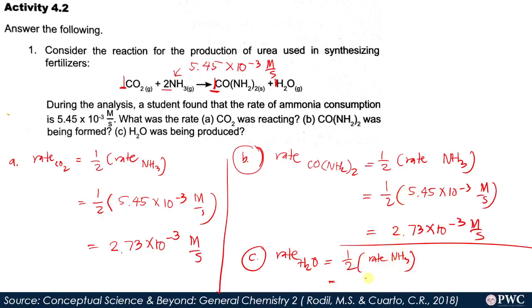So we know the answer is equal to 2.73 times 10 to the power of -3 molar per second. So again, to answer this one, just look at the coefficients in the balanced chemical equation. So it's obvious that here the rate is 1/2 the rate of NH3, because here the coefficient of CO2 is 1, it's also 1, then it's also 1. Okay, that's the answer for this item.